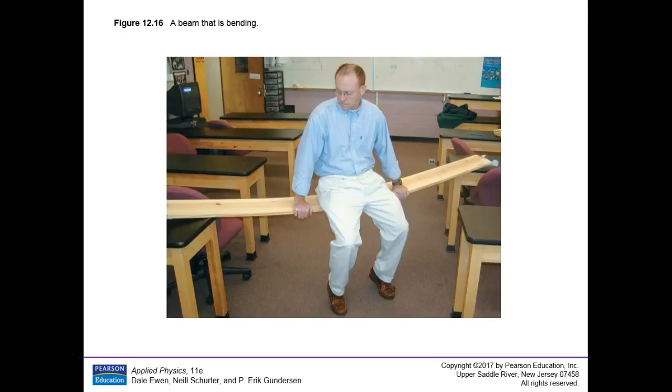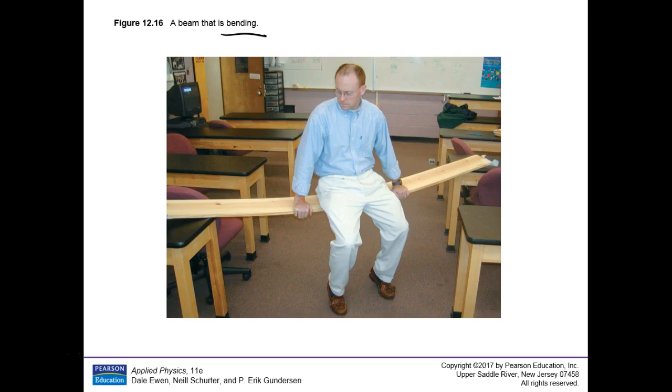Okay. The next is a bending force. Okay. Now, I don't know if this is one of the authors. I think it probably is. And a bending is a combination of compression and tension.